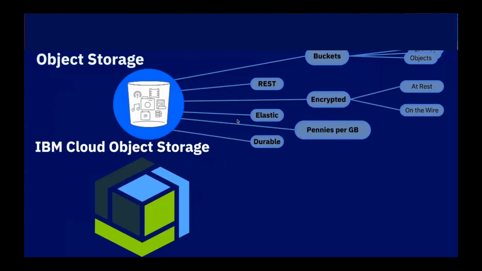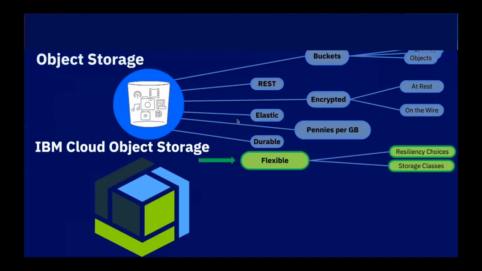Now, IBM obviously is one of the players here with object storage, and our technology is based on CleverSafe. It's an acquisition IBM did a few years ago. So what especially distinguishes the IBM Cloud Object Storage? One is the high degree of flexibility for different types of resiliencies.